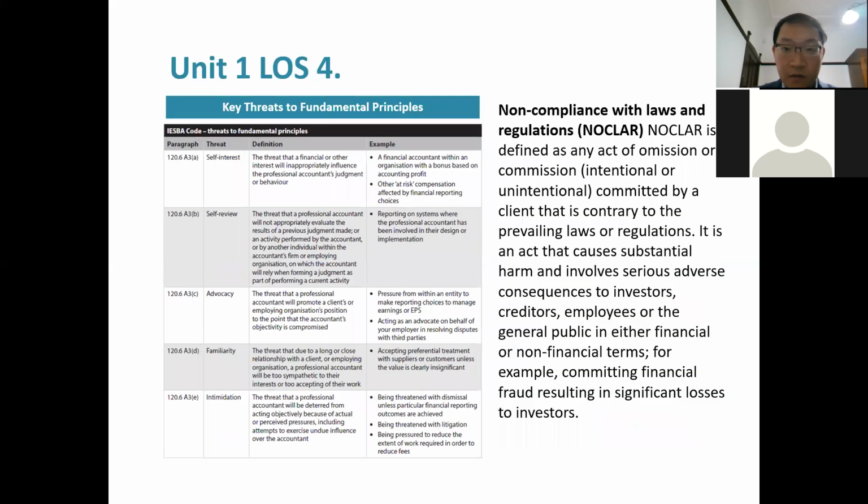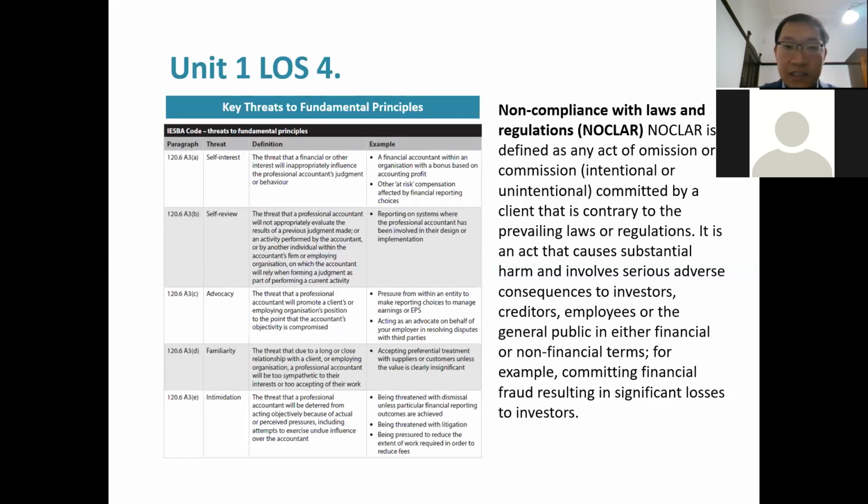Now, following from that, there will often be times in your careers where you will face potential threats to these fundamental principles.